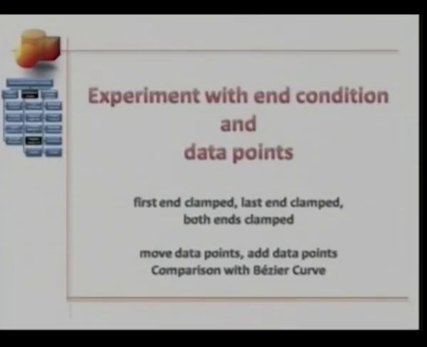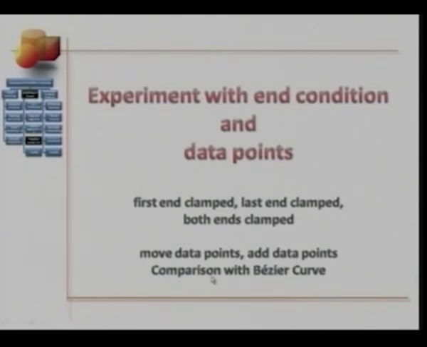We are just about done writing a code to generate B-spline curves. Let's experiment further with that code. Specifically, let's experiment with the end conditions and data points. We can think of clamping the first end of the B-spline curve, clamping the last end of the curve, or maybe clamping both the ends. We can also think of moving data points or adding data points.